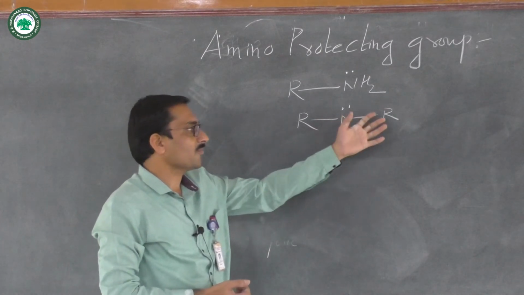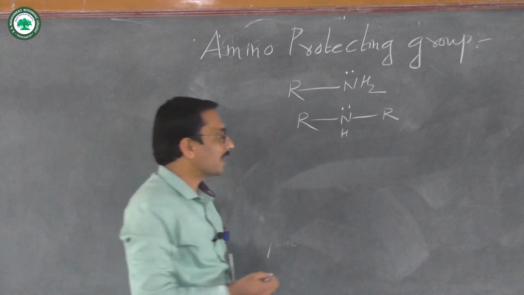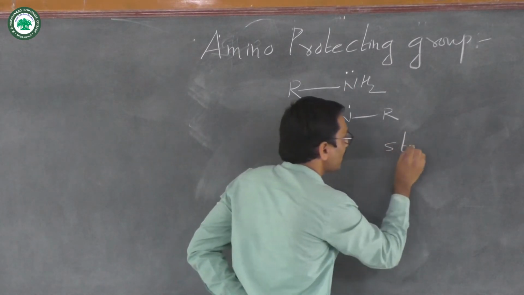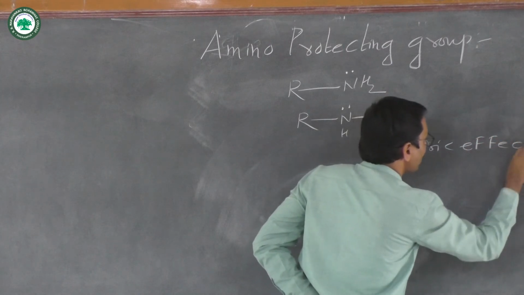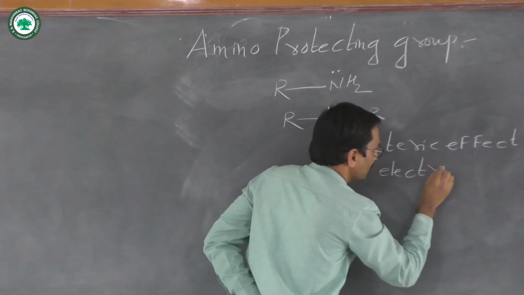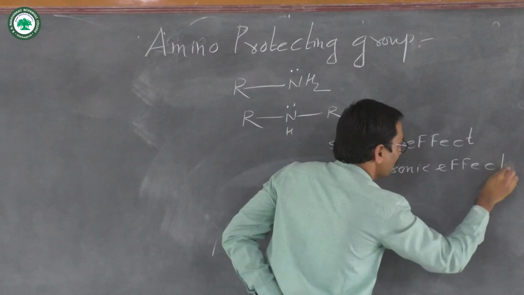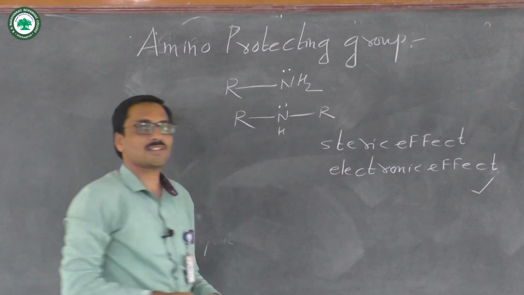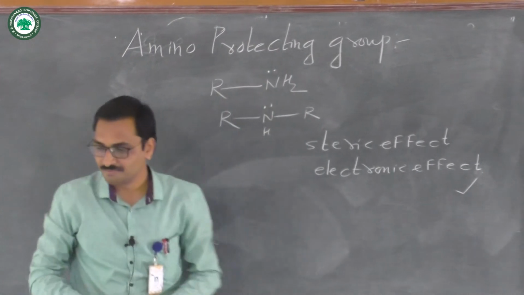That decrease in basicity or nucleophilicity of the nitrogen can be due to either steric effect or electronic effect. So we will see some interesting protecting groups for the amine.